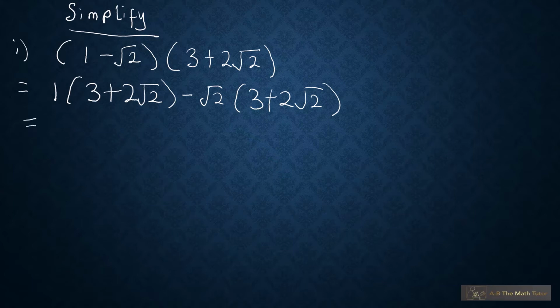So we are going to multiply 1 by 3, 1 by 2 root 2. We are going to multiply root 2 by 3, and we're going to multiply root 2 by 2 root 2.